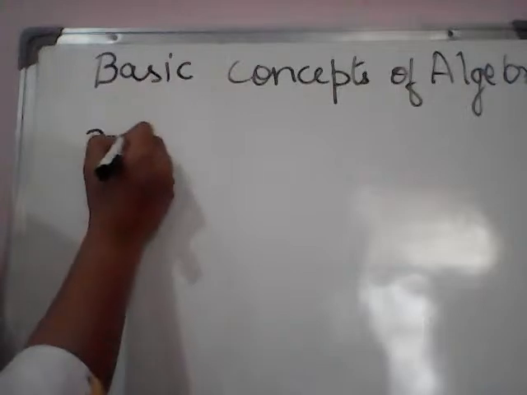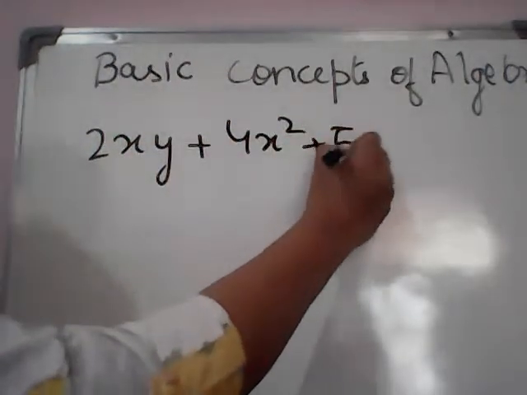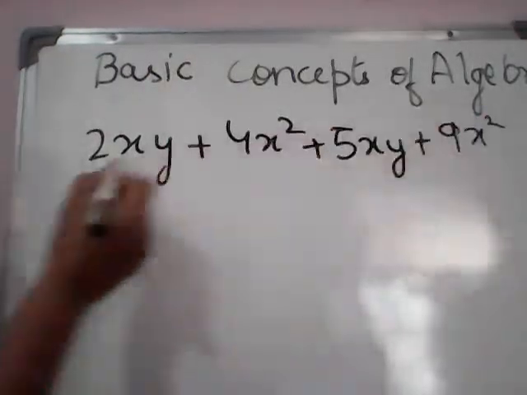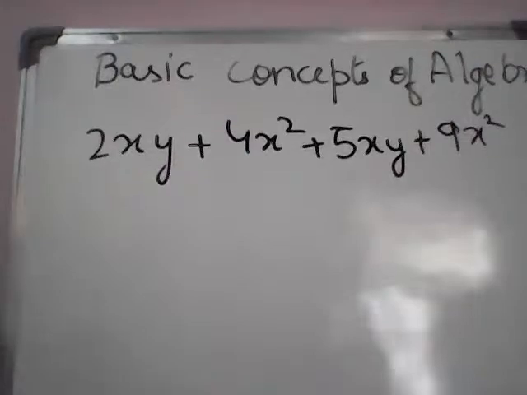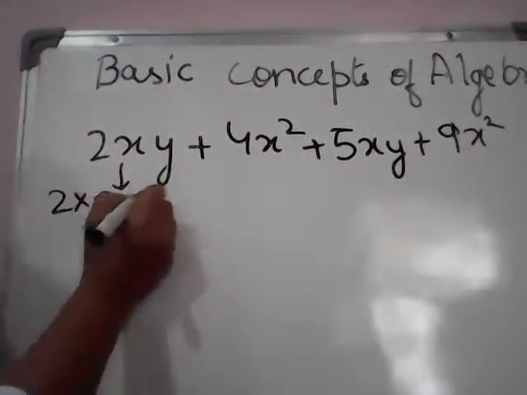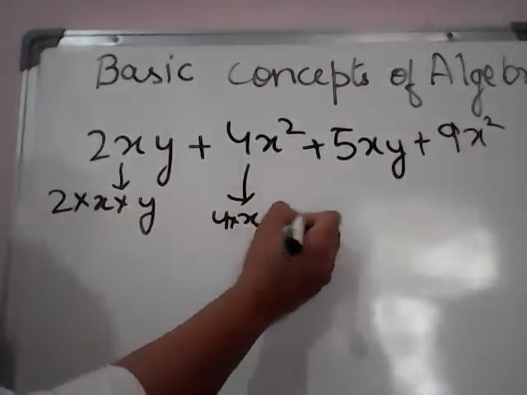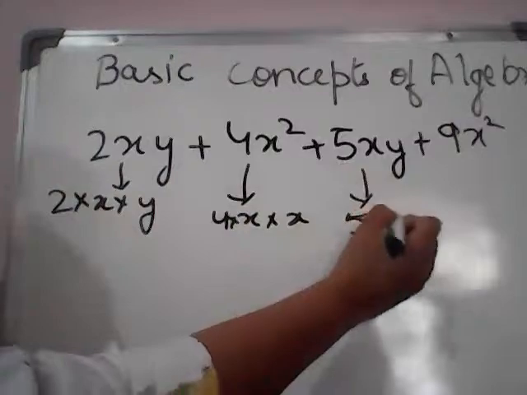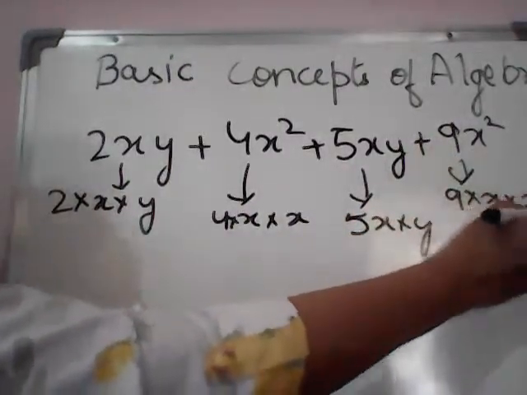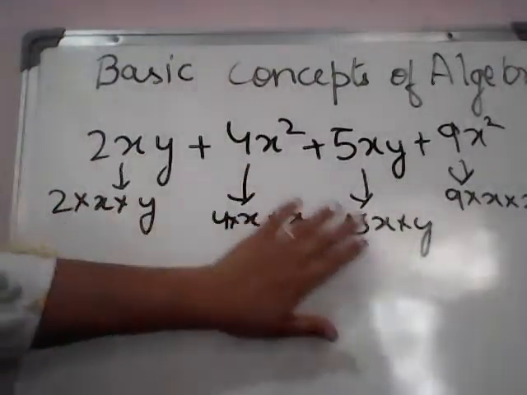If I write 2xy plus 4x square plus 5xy plus 9x square, this is an expression. Now if we split them, we can write the factors of these as different terms with different factors, and 9 into x into x. So I told you the terms having the same factors.